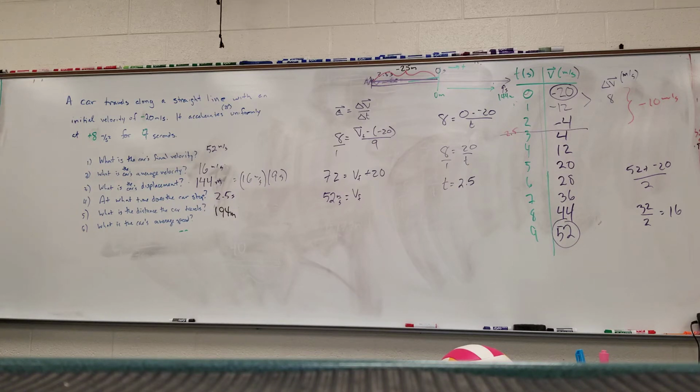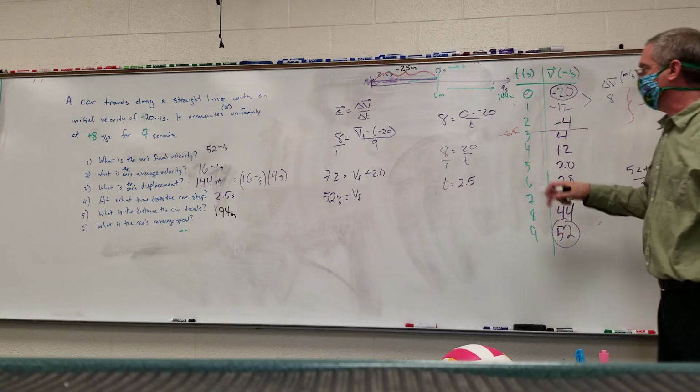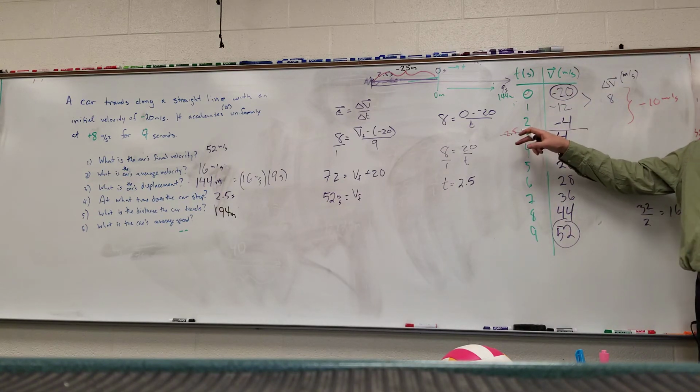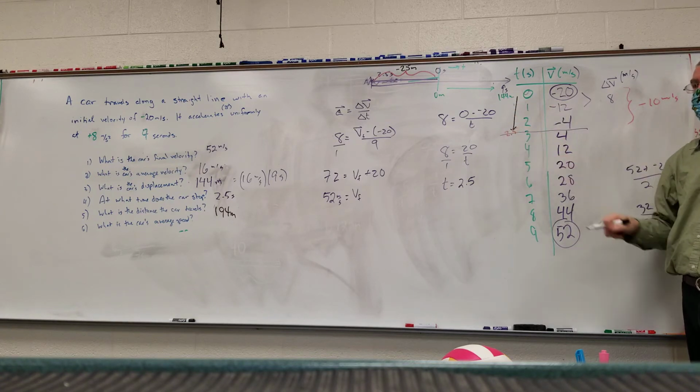Last time we used 4 seconds as the average. What did you use this time, going down the table? Oh, the car stops at 2.5 seconds. It stops halfway between here. Alright. And so the average is negative 10 meters per second for that 2.5 seconds. Okay, gotcha.